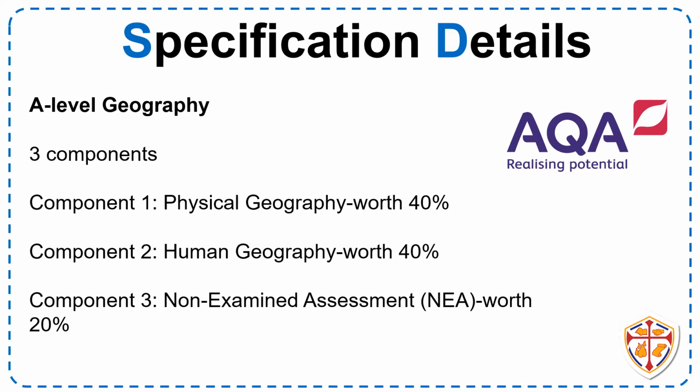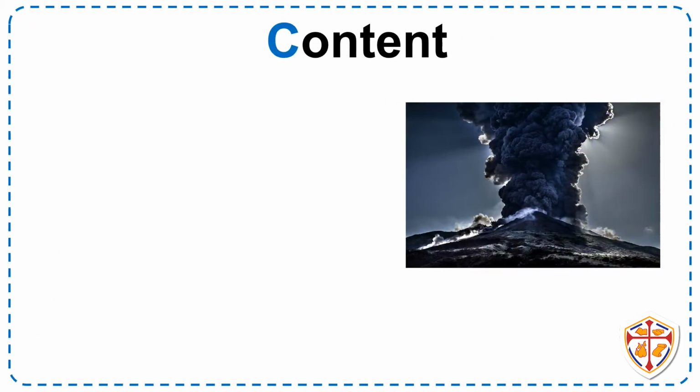So, what do we have a look at in each of those components? Within physical geography, we study three different topics. They are water and carbon cycles, hazards, so for example earthquakes and volcanoes, and hot desert systems. Water and carbon cycles is another interesting one.